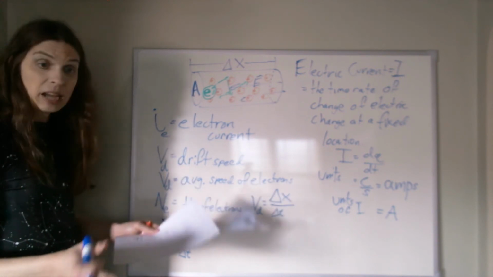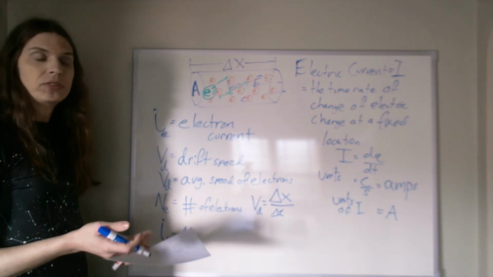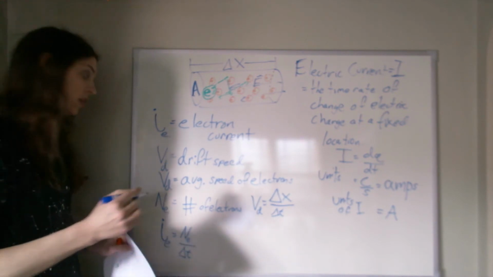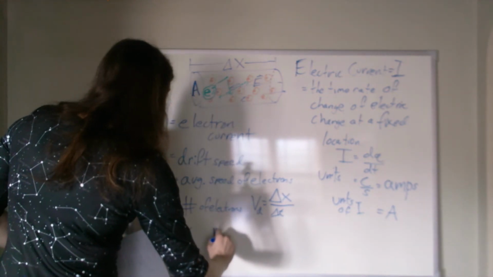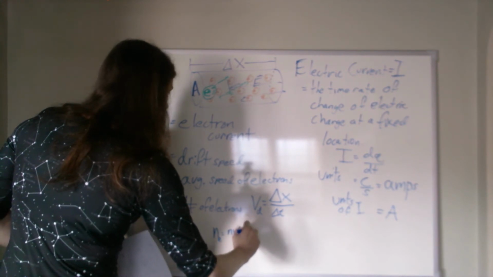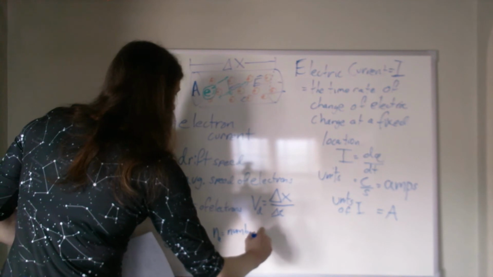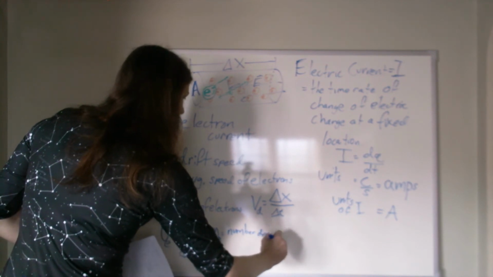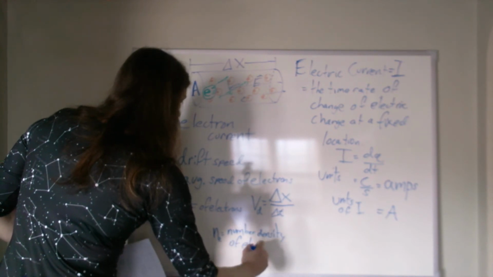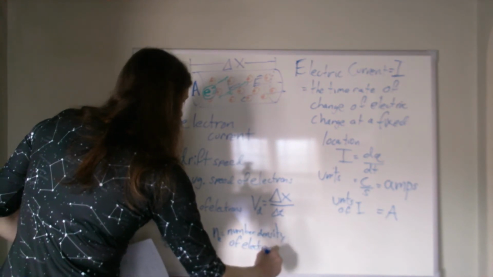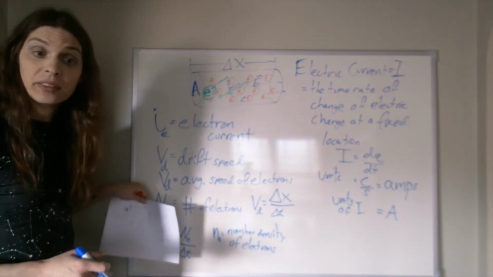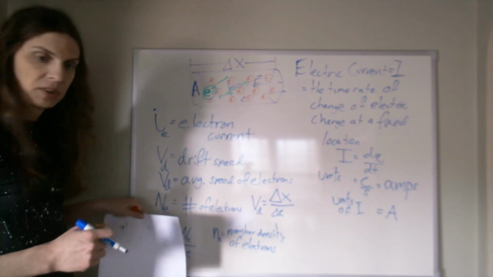And then finally, we want to define another term here, and that's number density of electrons. And that we're using lowercase n with an e subscript.